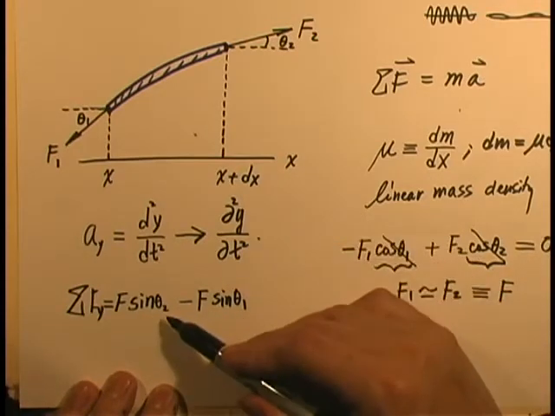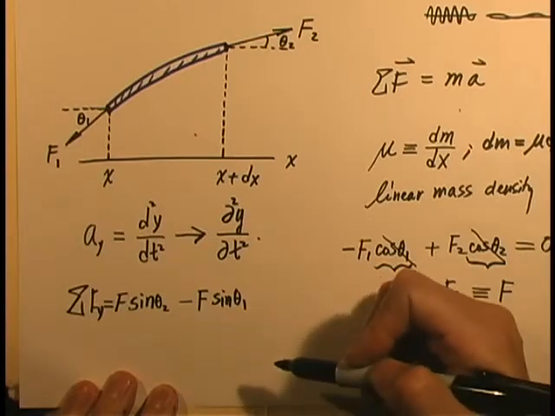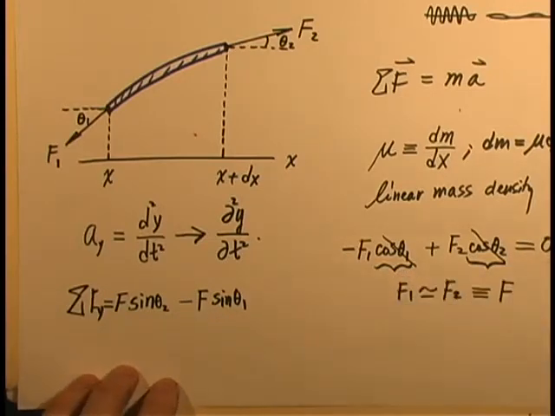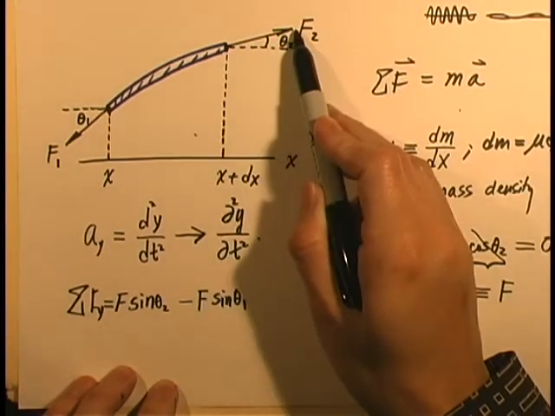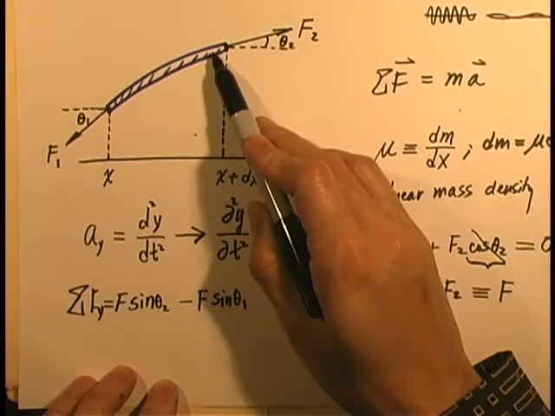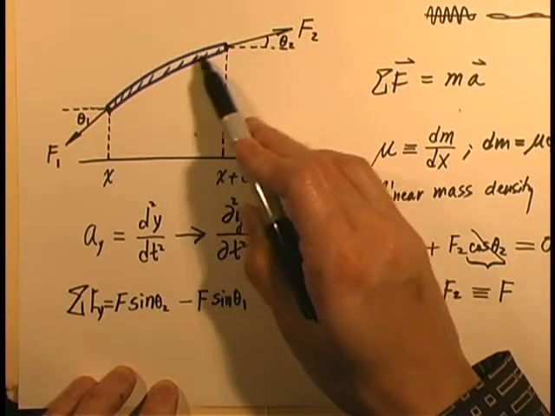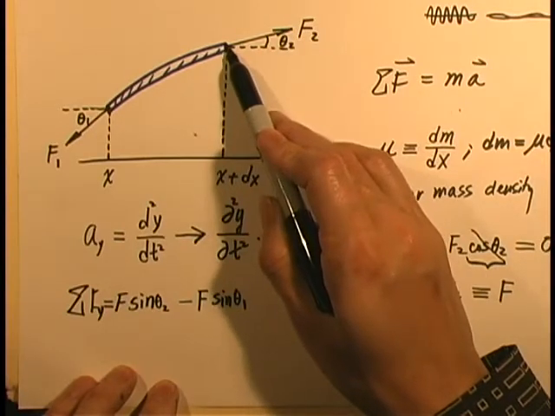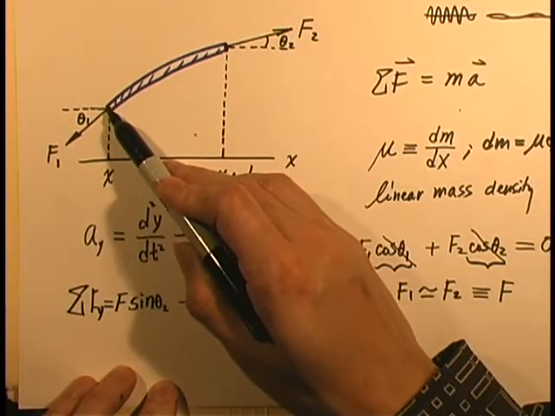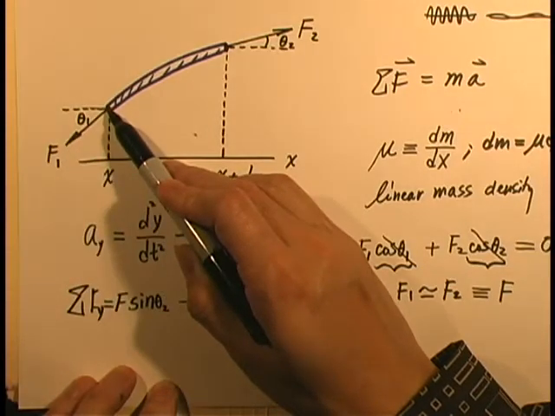Okay, we're looking for the difference between sine theta 1 and sine theta 2. And how exactly does one do that? Well, what exactly is the orientation of F2? F2 points along the tangential direction of the string at that point. And F1 points at the tangential direction of the string at that location, right?